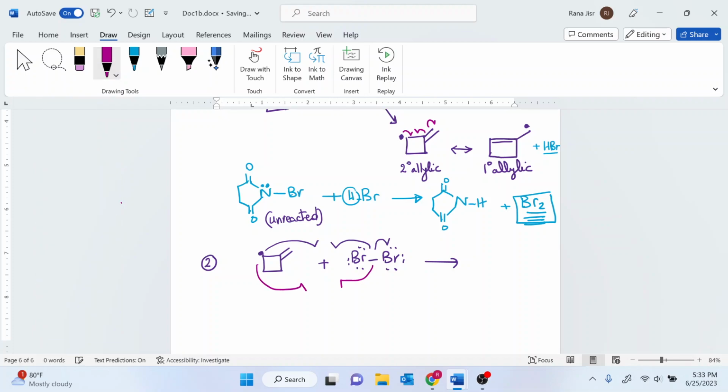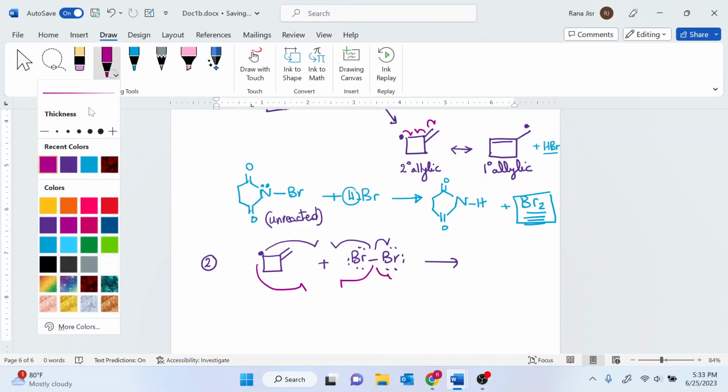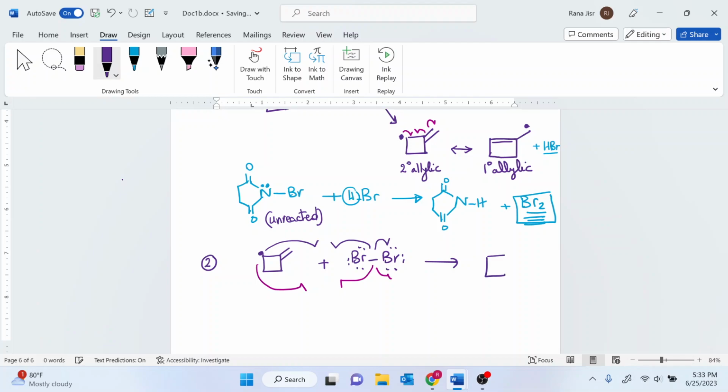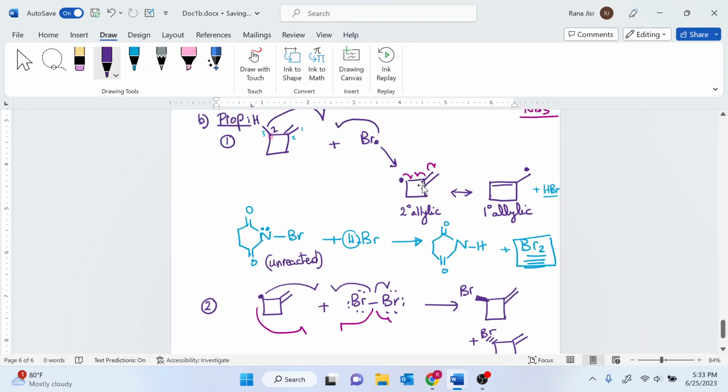So I'm going to end up having two stereoisomers in this case. Write all your stereoisomers, please. So I'm going to end up having my replacement of the allylic hydrogen with the bromine, and the bromine can either be on top or the bromine can be at the back, since I am generating a chiral center in this case. So these are the first two products for the secondary allylic.